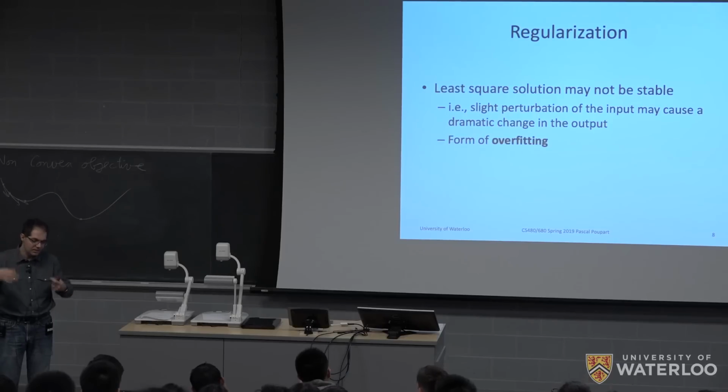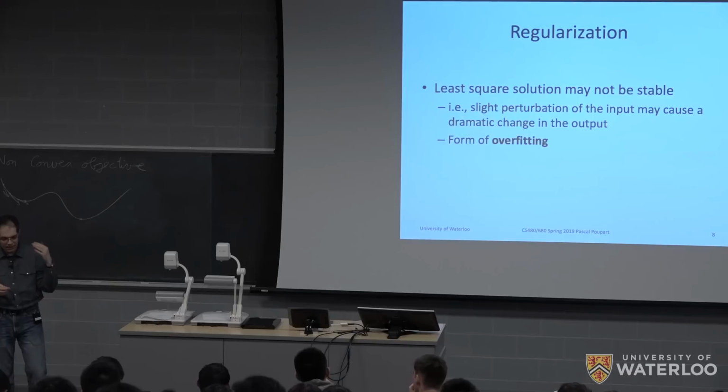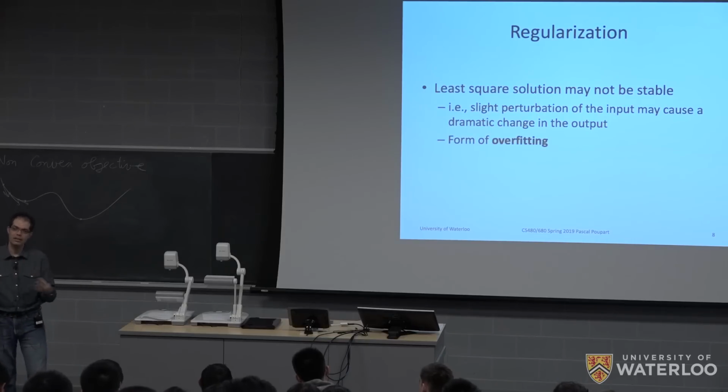Ideally, we would like to see that if there's just a small epsilon change in the inputs, the line will change as well, just by a tiny bit, something related to epsilon. But we'll see in a moment an example where a change by epsilon can lead to a much larger change that is independent of epsilon. In that sense, it's not stable, and it can lead to some problems.